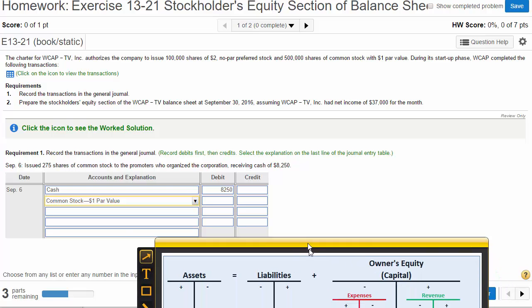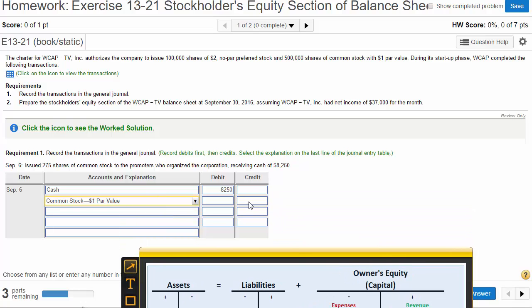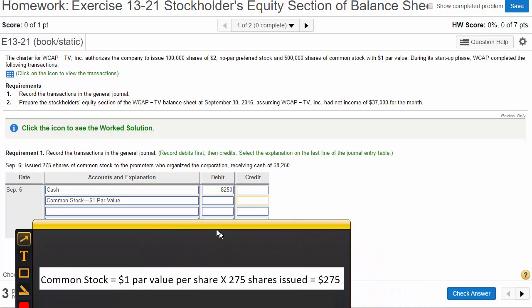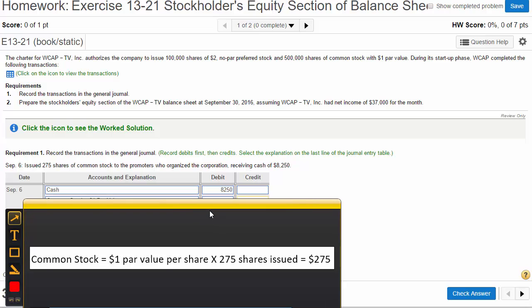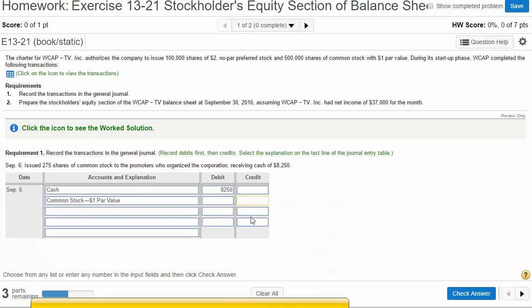Now remember, common stock is a capital account, an equity account, and the equity is increasing, so we have to credit this account. And also remember that when we're recording the common stock, it has to be at the par value. The par value is $1, and we're issuing 275 shares, so it's going to be $275 for this credit.